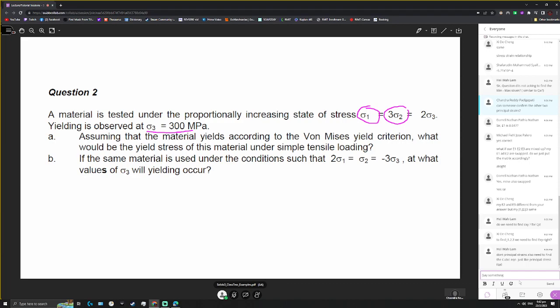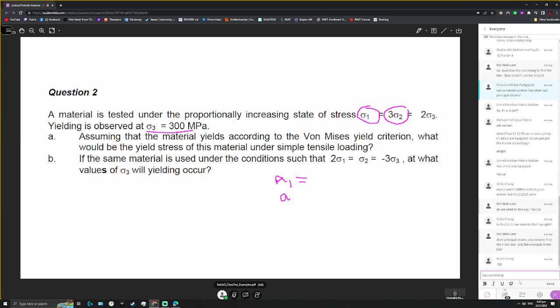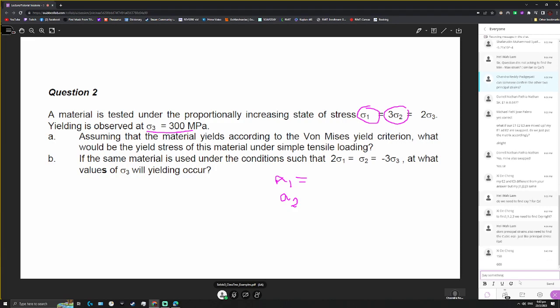So what is the sigma 1 value, guys? Anyone? Sigma 1 is 2 times sigma 3, and sigma 3 is 300 megapascals. So sigma 1 is 2 times sigma 3, sigma 3 is 300, so sigma 1 will be 600 megapascals. Then what will be sigma 2?